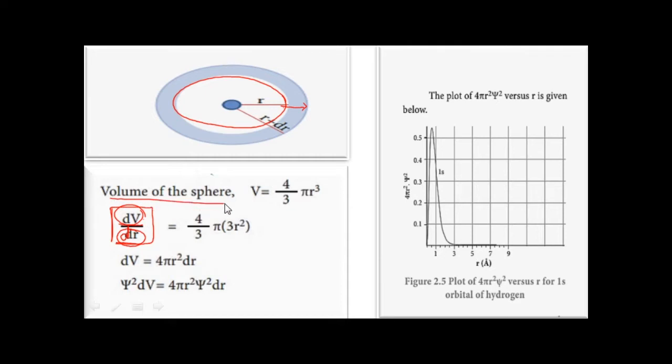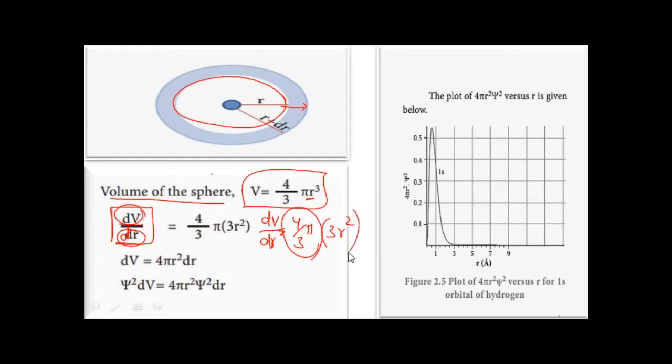What is the volume of the sphere? V equal to 4 by 3 pi r cubed. We are going to differentiate the volume. So dV by dr equals 4 by 3 pi times the derivative of r cubed; 4 by 3 pi is a constant, so only r cubed is differentiated, giving 3 r squared.